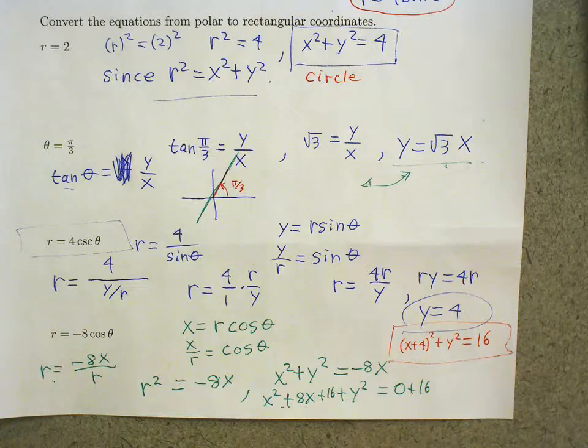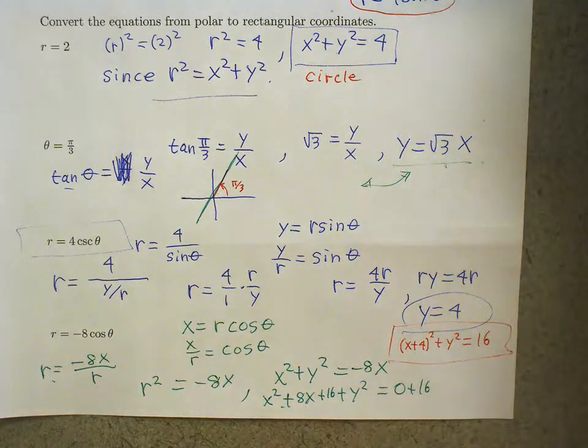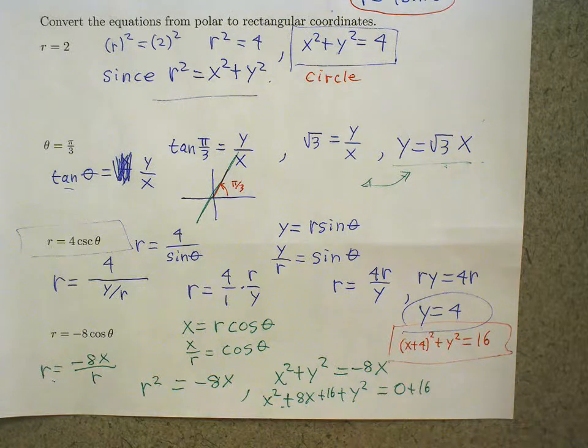Okay, I have one more page from section 10.3 on graphing a couple of equations that are in polar coordinates. However, those are extracurricular. I'm not going to test you on graphing.